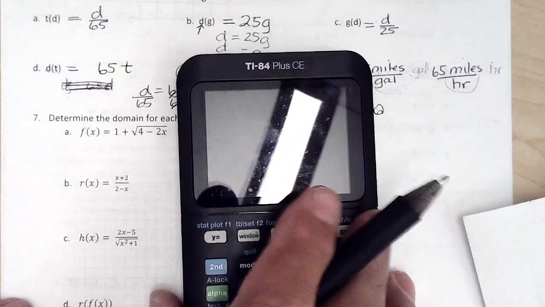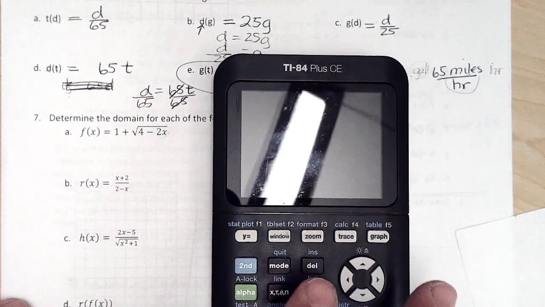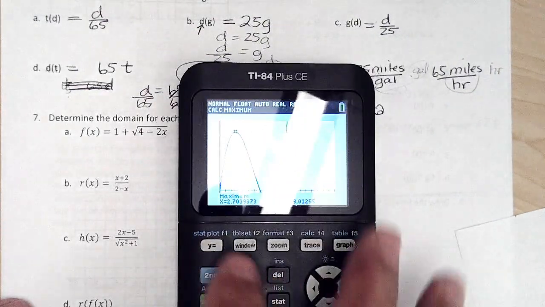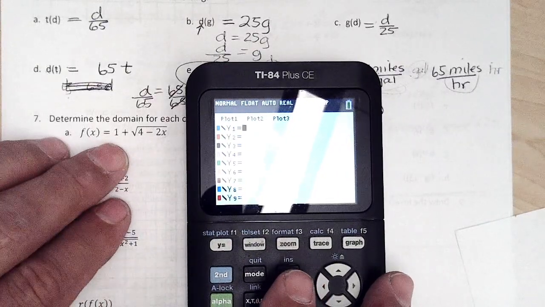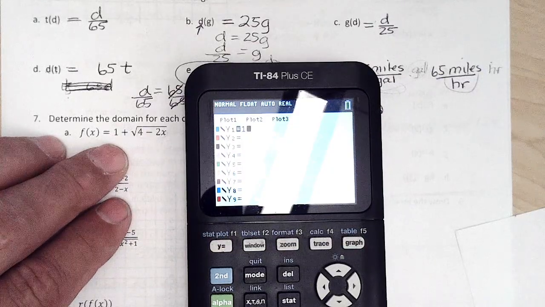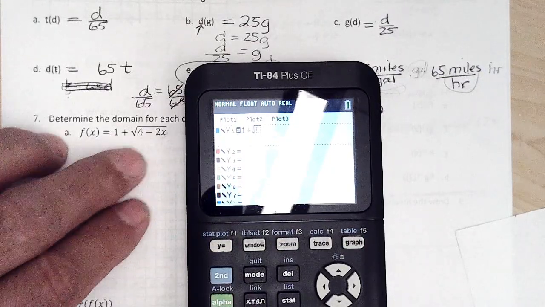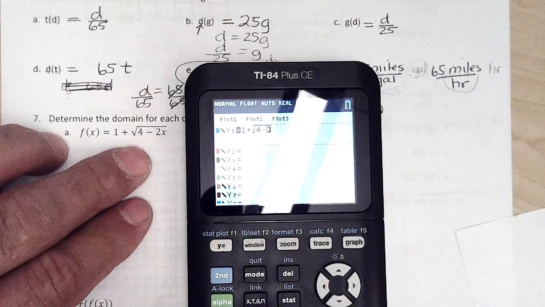Now, I could graph this whole thing. Let's do that. I'm going to show you a couple ways to look at this on a calculator. One would be to type in, and you can do this on Desmos, the square root of 4 minus 2x.